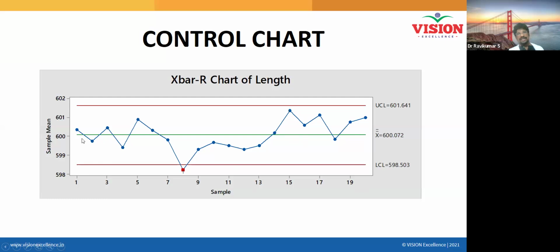Then you'll have a central line, the average line, and the upper control limit and lower control limit. So our job here is to calculate the central line and the upper and lower control limits. This can be done manually using simple calculations, or with an Excel sheet, or Minitab. But we are going to see how to do it manually and with Minitab only.